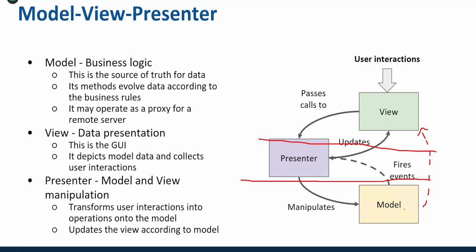So the model doesn't just update the view, but goes through firing events for the presenter. So it's like a reactive way to provide updates to the view, which is indeed responsible to digest and call methods on the view to later update it.